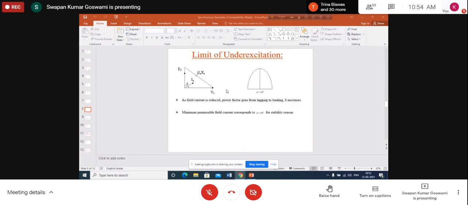Also, we have discussed the limit of under excitation, how much we can reduce the field current, and the maximum permissible limit of over excitation.